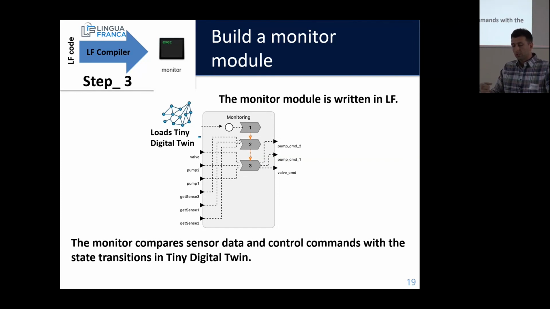And this tiny twin is loaded the first time when the system starts the execution. It's a one-time load of the tiny twin, and we use it at runtime. And if this monitor sees a mismatch between the model and the traffic, it sends out an alarm.